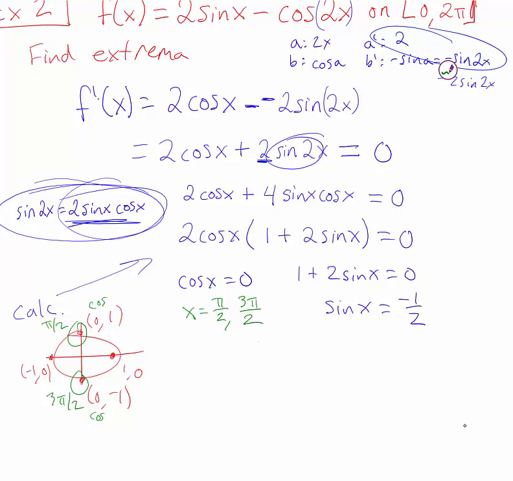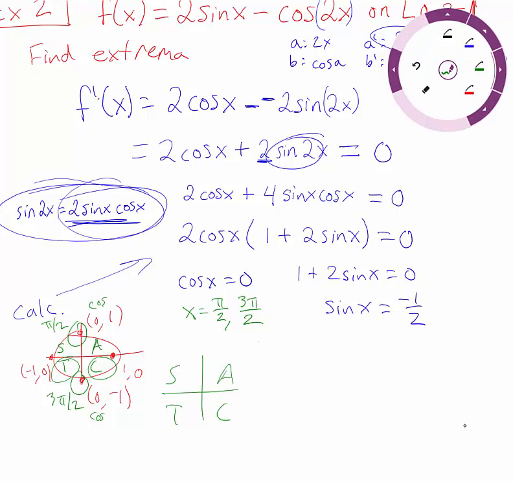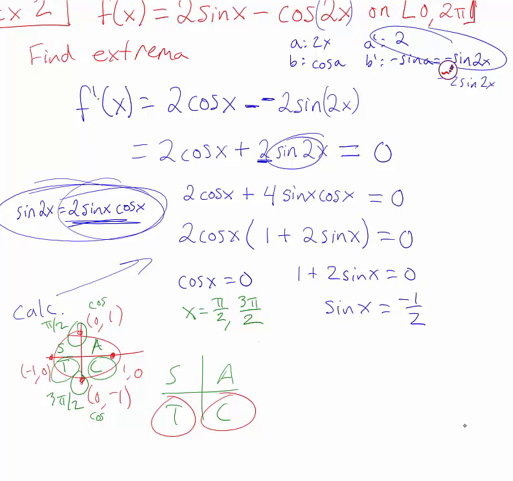Now with sine x equals negative 1/2, we have to remember all students take calculus. So negative is going to be in these bottom 2 quadrants, right? All students take calculus. So when sine's negative, it's going to be over here or over here. And then if you remember your table, it's going to be at the pi over 6 values.